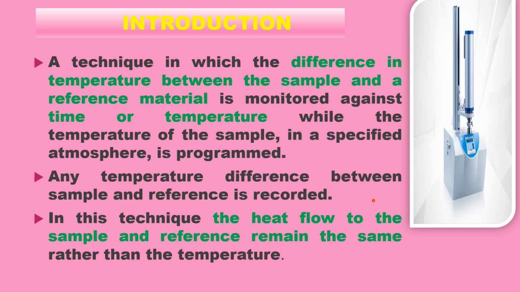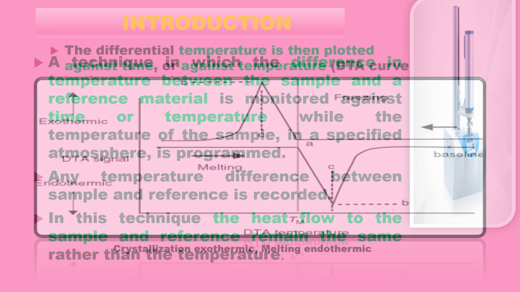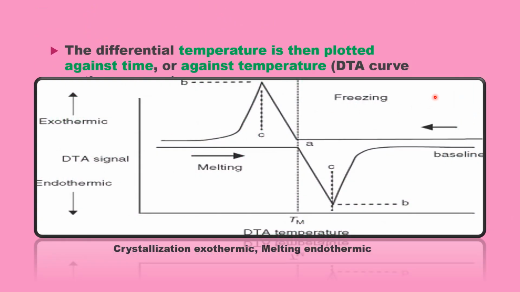And here the heat flow to the sample and the reference are the same. Now this is a plot of DTA. So it is nothing but change in temperature against temperature. So we can see a crest and a trough.